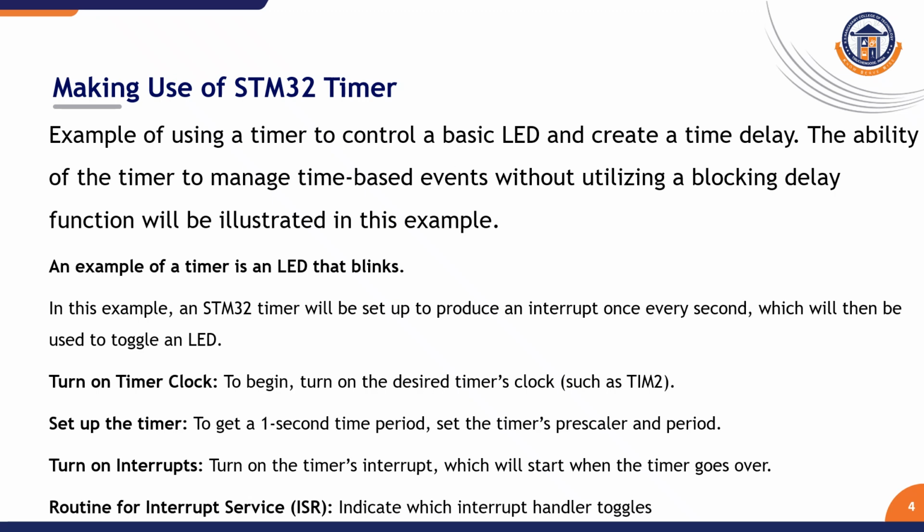The interrupt service routine, ISR, indicates which interrupt it handles and toggles the LED. So this is the simplest example of creating a time delay for LED blinking with the help of the timer.